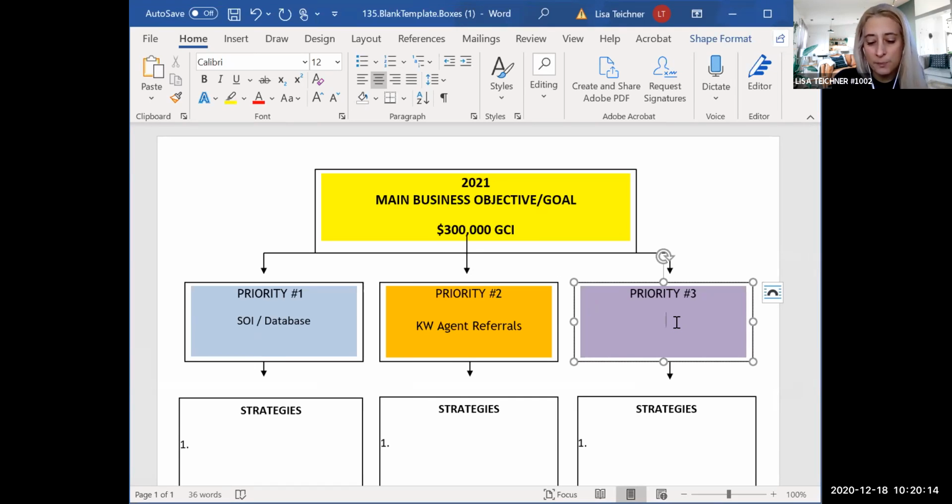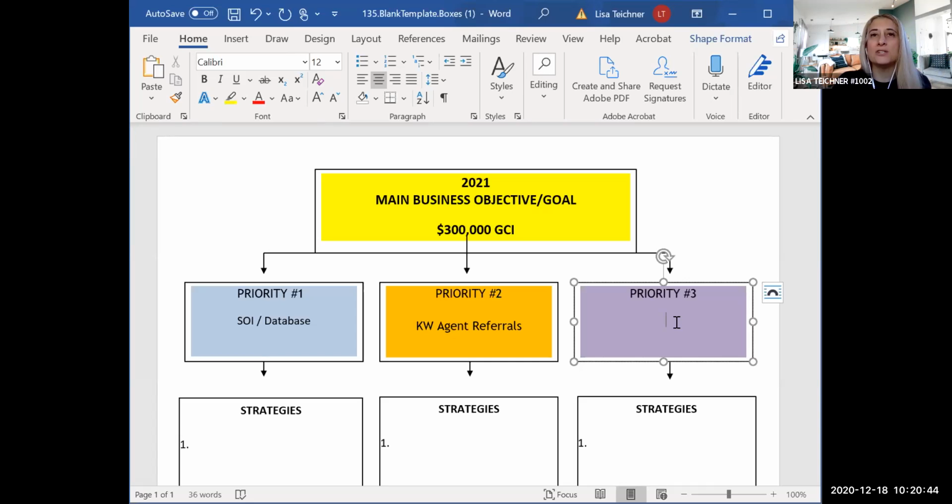So one could be networking. If you really like to get out into the community and do networking, you have to be very purposeful about that. Another one is you could change your format to an online or Zoom strategy. And then the third thing is for those agents who may be in the process of team building. So priority number 3, when you're a seasoned agent and you have a really strong business.